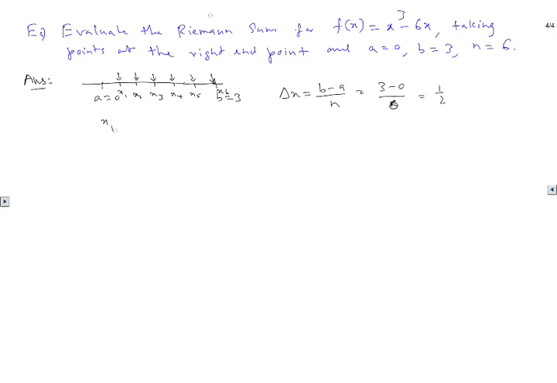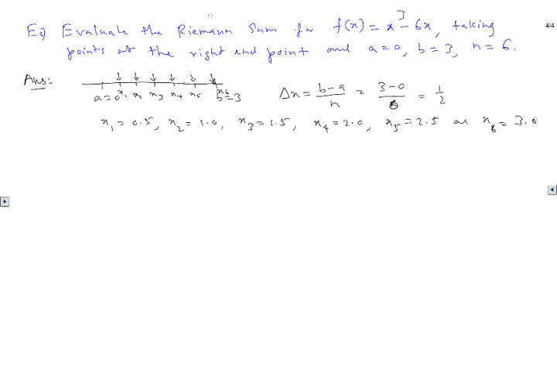So what are they? x1 is 0.5, x2 is 1.0, x3 is 1.5, x4 is 2.0, x5 is 2.5, and x6 is 3.0. Very good. So that means you need to evaluate the function at those points.